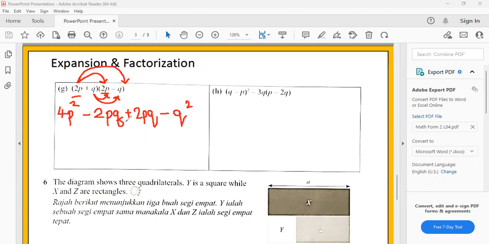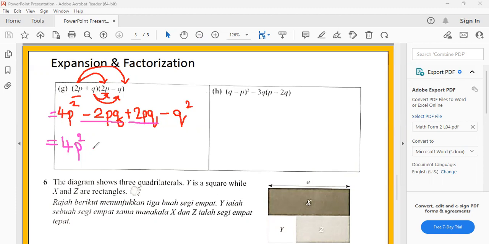Very good. Gloria, now your part would be to simplify this. What happens next? So I have 4p squared. Can you tell me what to write next? What happens with negative 2pq plus 2pq, Gloria?